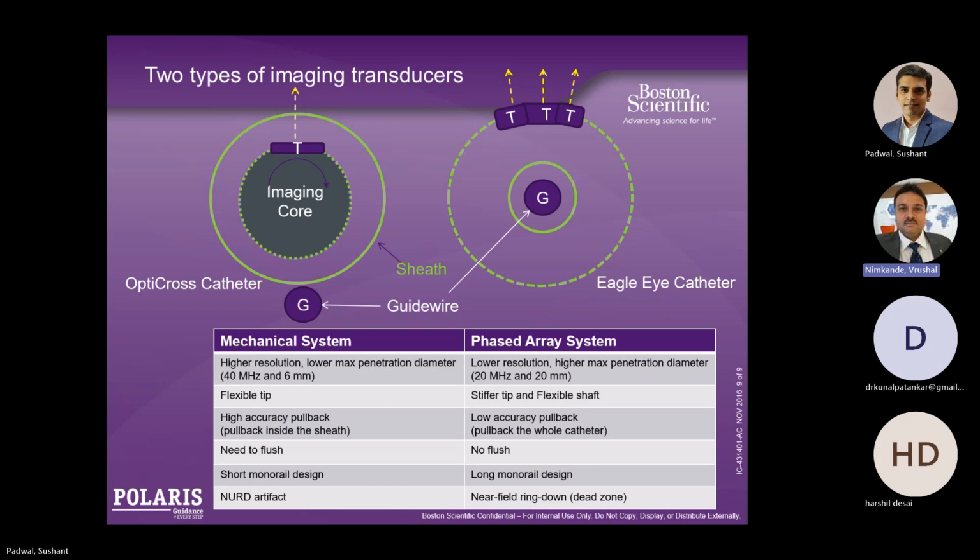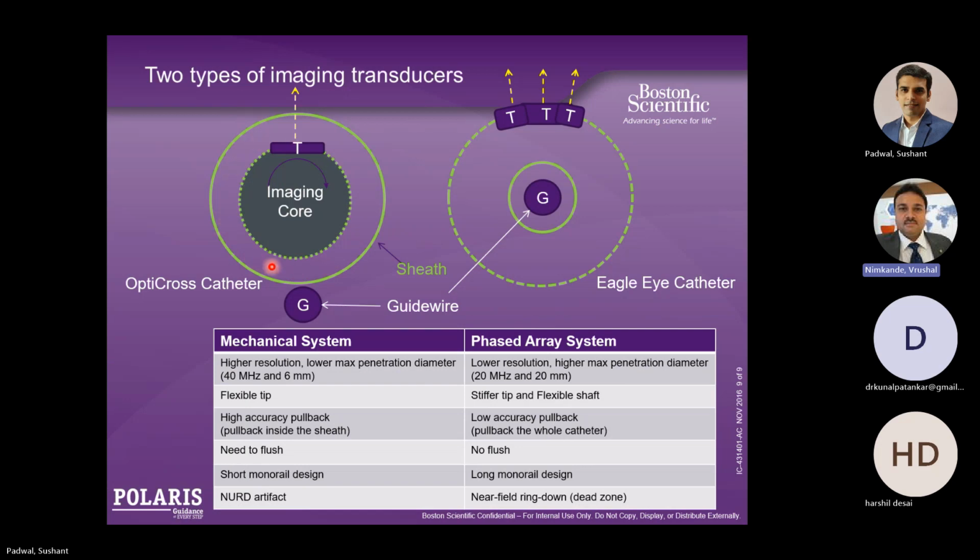Whereas in the case of mechanical transducer technology, the transducer is inside the protective sheath, this sleeve that you see here, and the gap between the imaging core and the sheath is filled with saline. That is the heparinized saline that we flush. This saline acts as a medium for the sound waves to travel from the transducer to the artery.